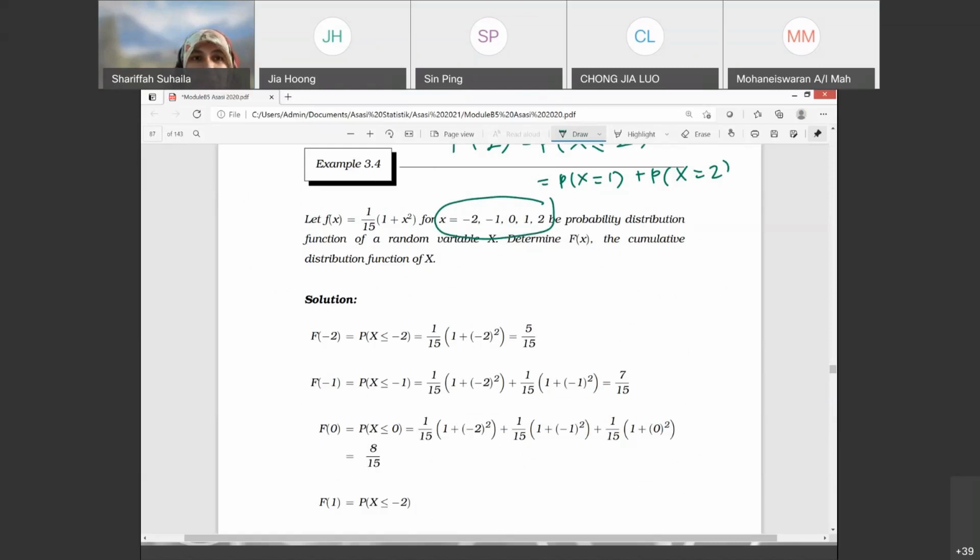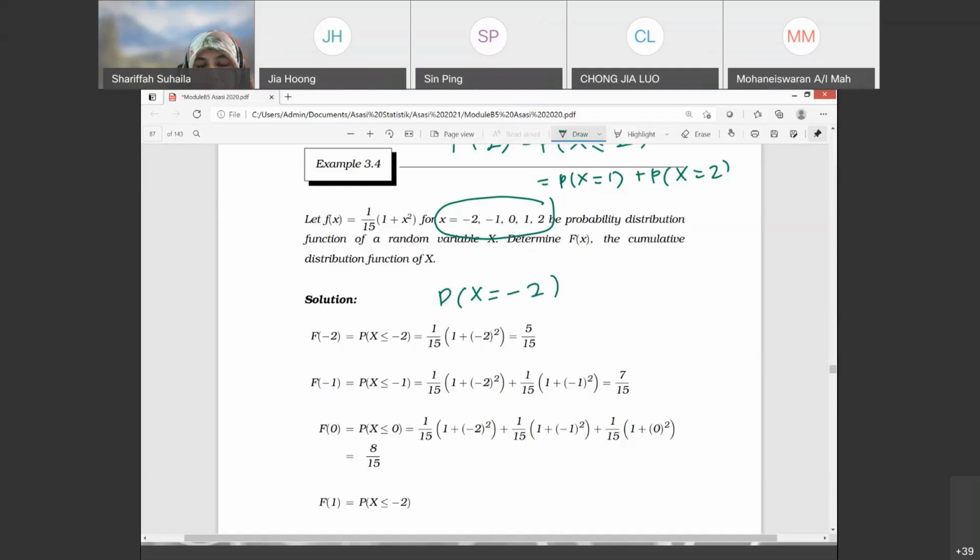So you have capital F of minus 2, probability X less than or equal to minus 2. Since you don't have values starting less than minus 2, probability X less than or equal to minus 2 is the same as probability X equals minus 2. Just substitute.